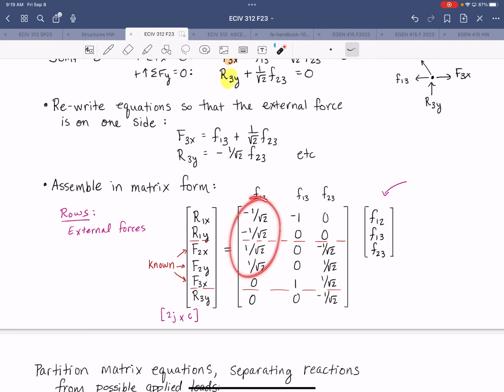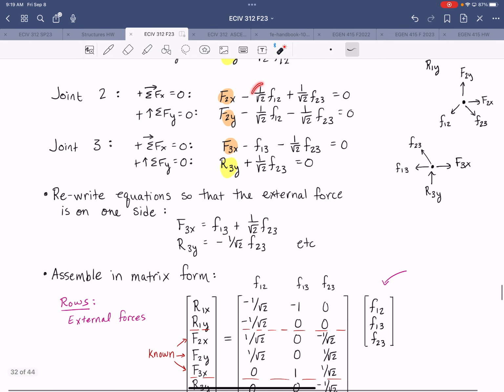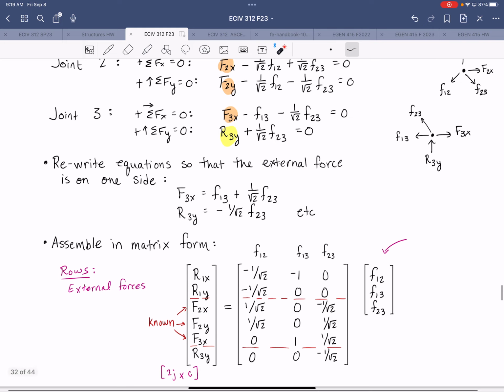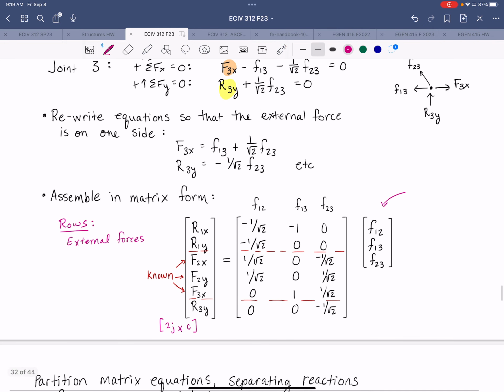That's where these values come from. The 1 over square root of 2 is just your sine or cosine of 45 degrees in this case. That represents the truss geometry. And the columns of this coefficient matrix represent the internal forces.